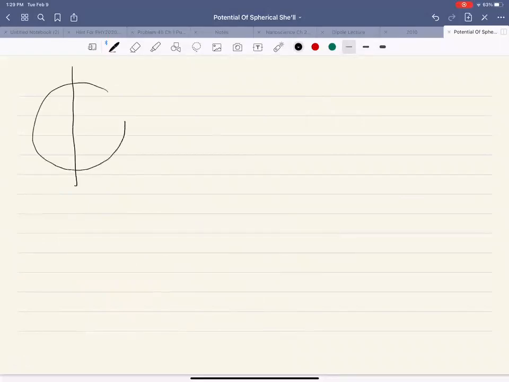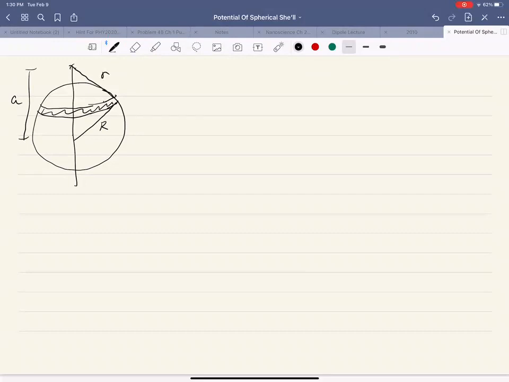So here's my ring. I'm going to fill my ring in here so it's obvious what I'm doing. Here's the radius of my spherical shell. Here's my point in question, right? This is A, the distance from the center to the point. And then we'll call this right here R.